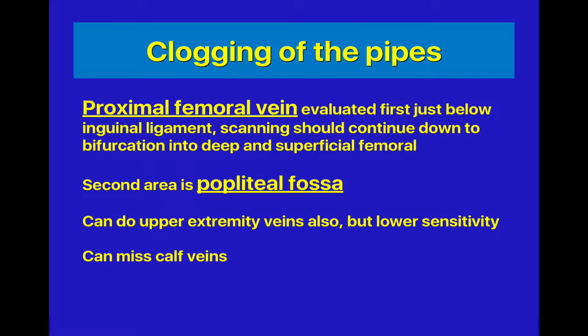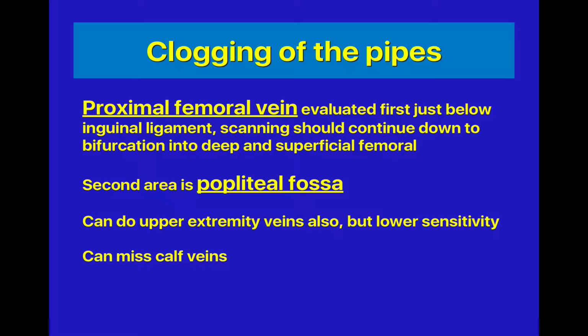So the areas that you're going to visualize: the proximal femoral vein is evaluated first, just below the inguinal ligament, and scanning should continue down to the bifurcation into the deep and superficial femoral. I'll show you the 4 points that we looked through. The second area is the popliteal fossa. You can do upper extremity veins, but honestly, they're a lot more difficult, and most of the time, they may not cause pulmonary embolisms.